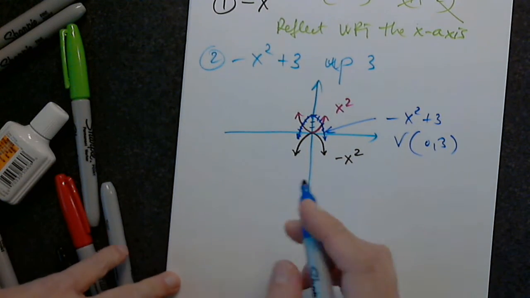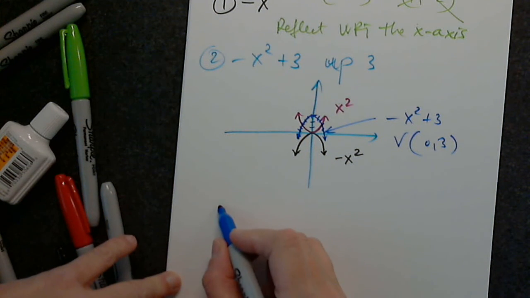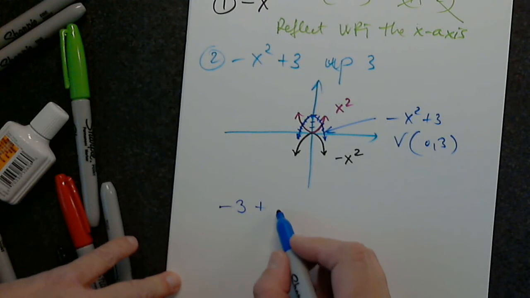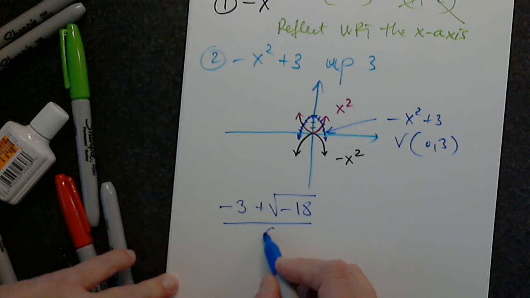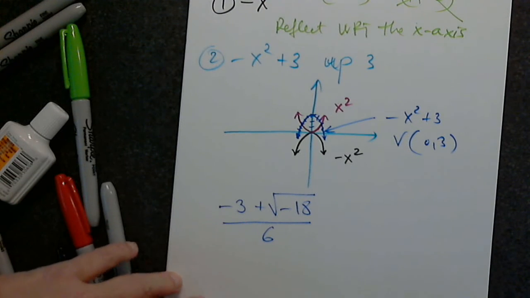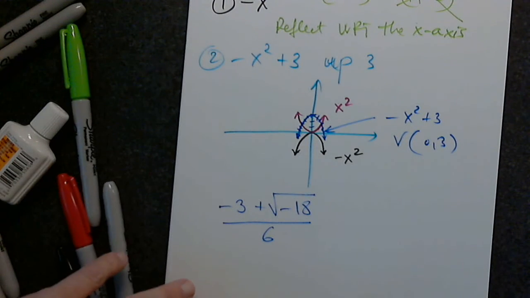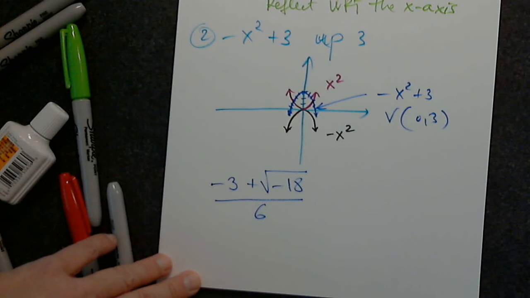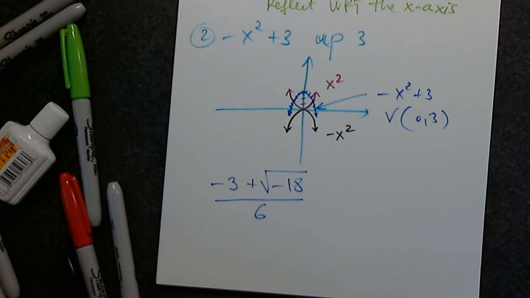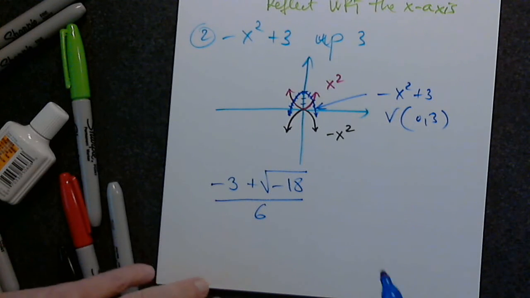Let's say I have negative 3 plus the square root of negative 18, divided by 6. Is this the type of example you wanted to look at, or adding, subtracting, multiplying? No, this is good. Okay.